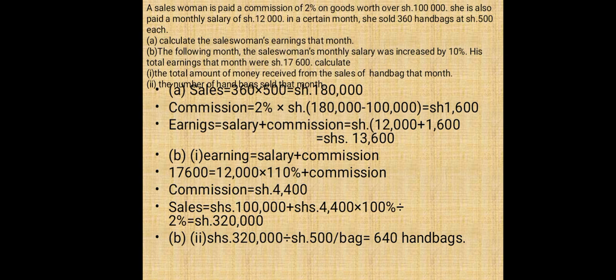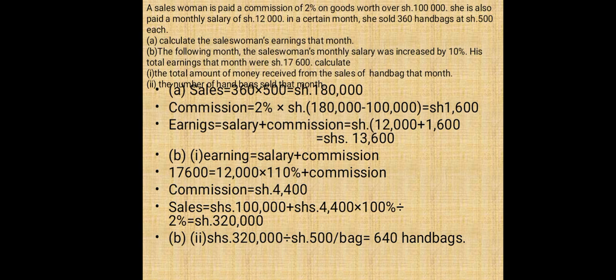Now, part A, the saleswoman's earning for the first month. First, we get the sales. The sales is 360 bags at 500 shillings, so she sold 180,000 shillings.